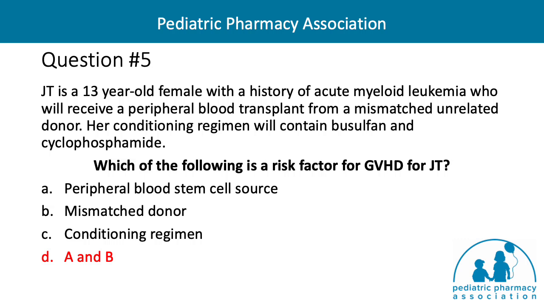The correct answer is D, both A, peripheral blood stem cell source, and B, mismatched donor or HLA disparity are risk factors for GVHD. Other risk factors we discussed include older age, sex mismatch, and also diarrhea during conditioning.